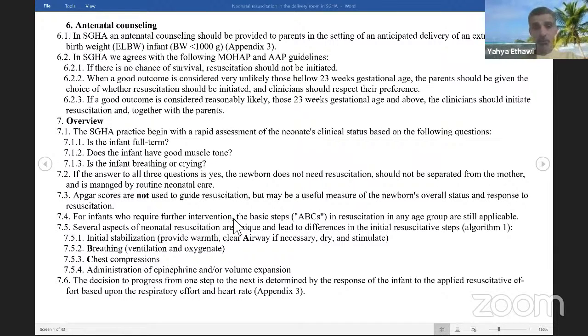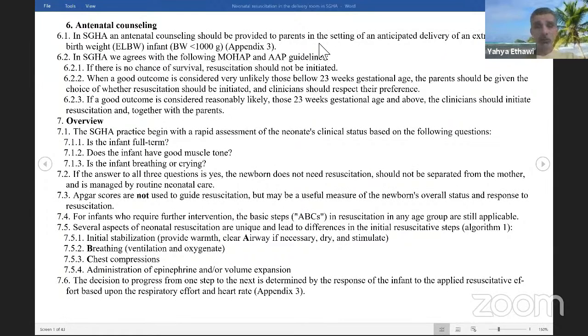Then by the second 30 seconds, the question is whether the baby improves. If so, he goes to monitoring care or intermediate care, where we don't do anything other than feed the baby, observe the baby, and check the vital signs every few hours. If the baby is not improving, there are 2 questions. Is the baby crying or breathing? And is the heart rate above 100 or below 100?